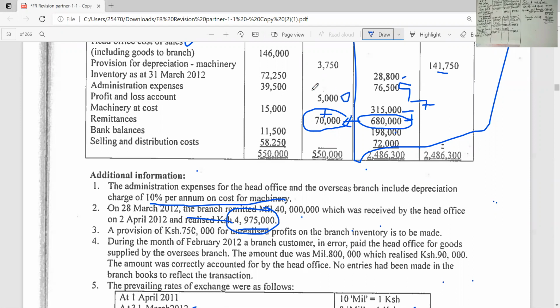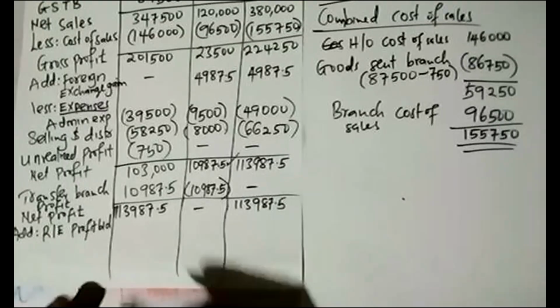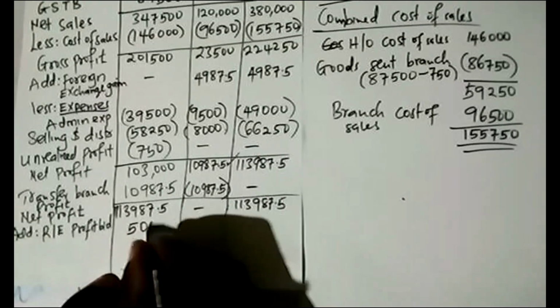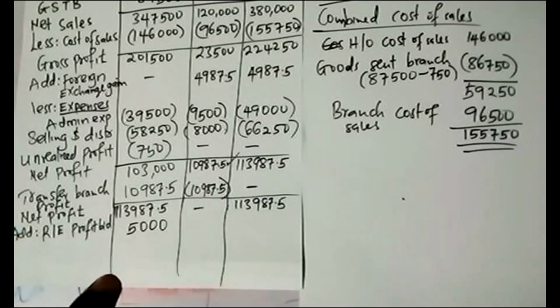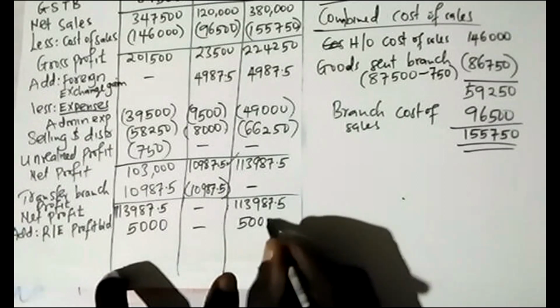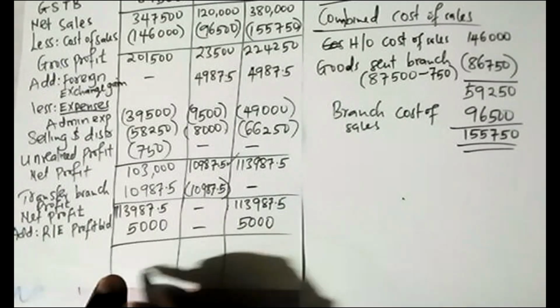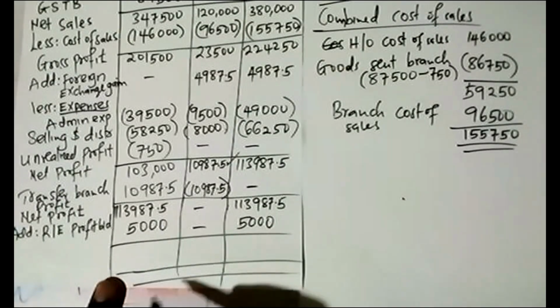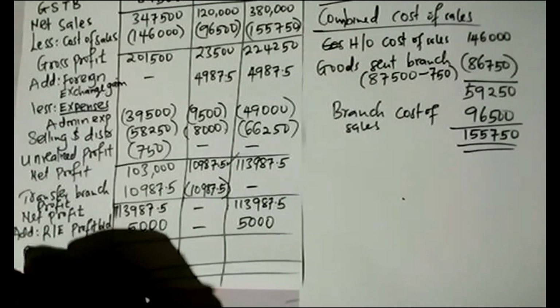So there was this 5,000 profit and loss account, 5,000. So that one was maybe a profit which was retained from the previous year. So we add it to the profit of this year so that we get a retained profit by the end of the year. So what I'm getting here is a retained earnings.